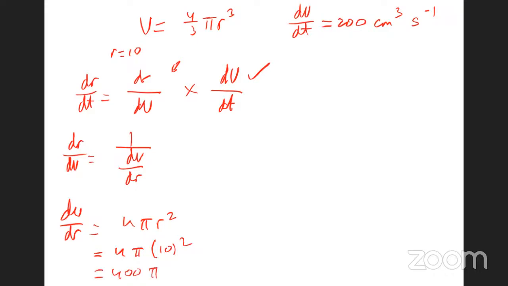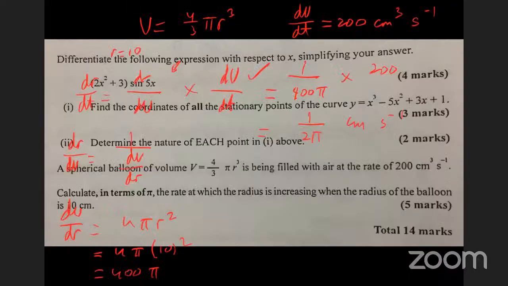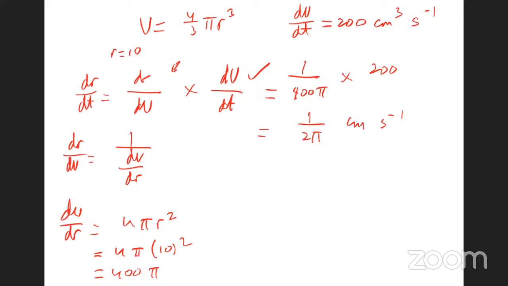So the final answer will be 1 over 400 pi multiplied by 200, which is 1 over 2 pi centimeters per second. They said to leave the answer in terms of pi. And that's it. You're not going to get an easier question on differentiation.